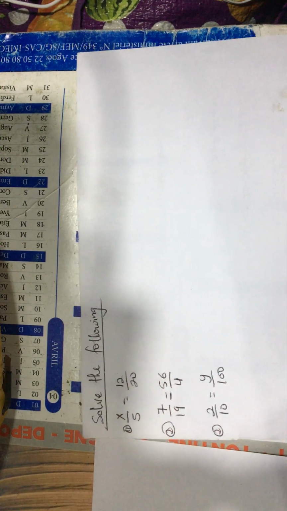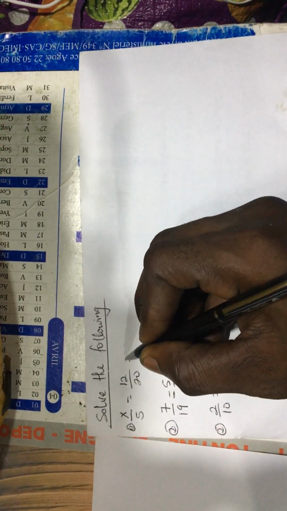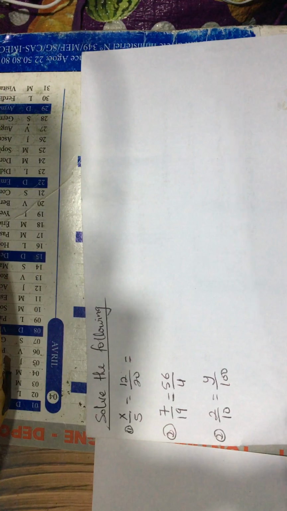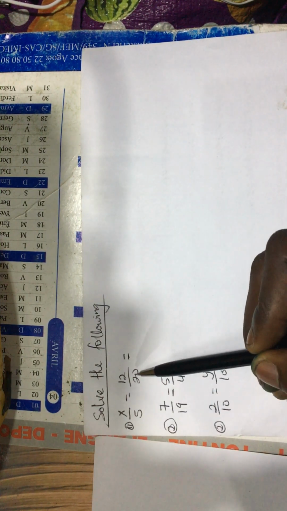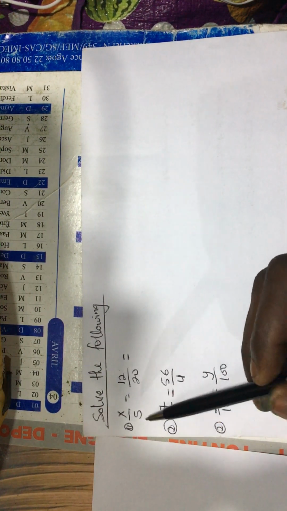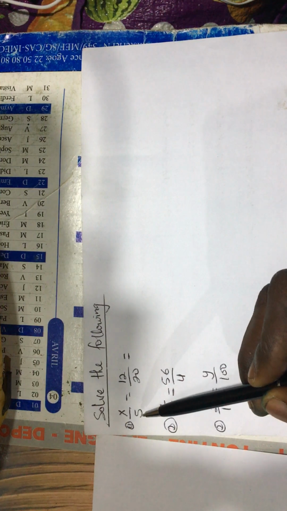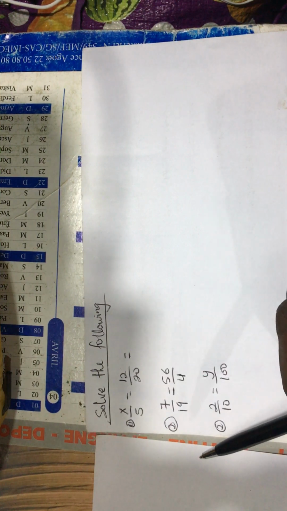Now mentally, people solve this, which is one of the methods that you can use. So this is 5 here, it is equal to 20, and x is equal to 12. Now, which number will you multiply by 5 to get 20?